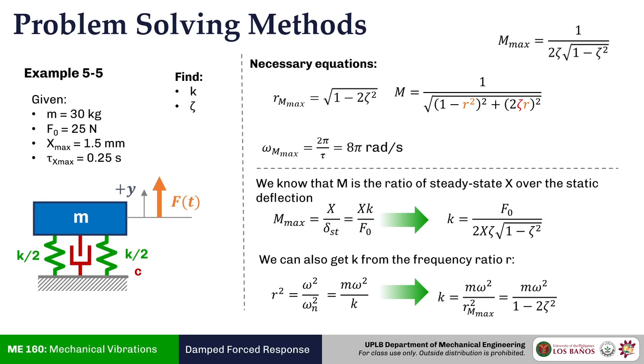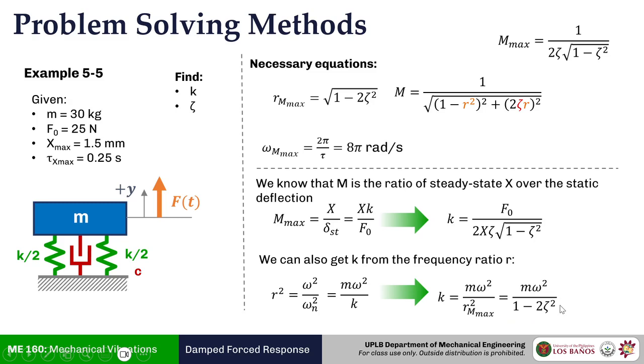So two equations, ano lang susunod natin gagawin? So the next thing that we can do is actually equate this expression for the stiffness to this expression of the stiffness. Oh, magic. So, tingnan natin kung ano yung lalabas.